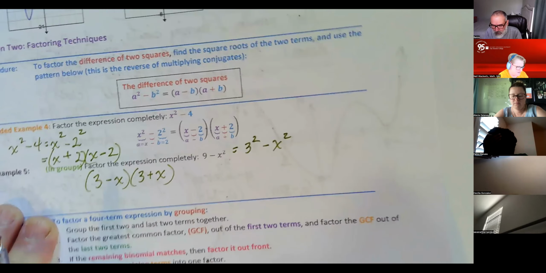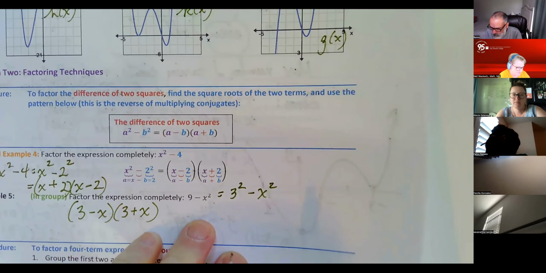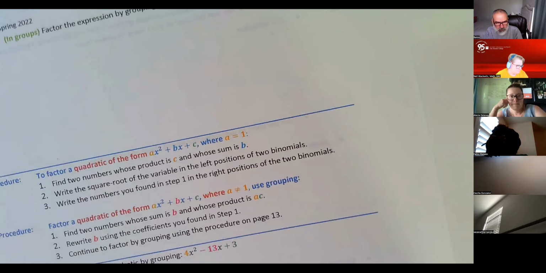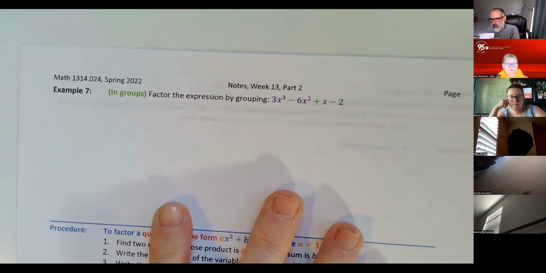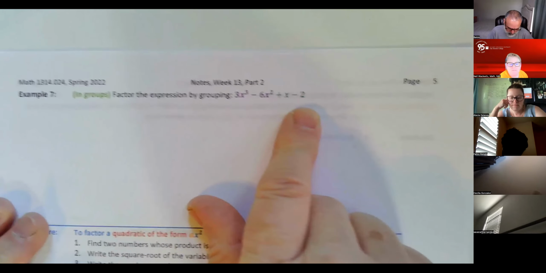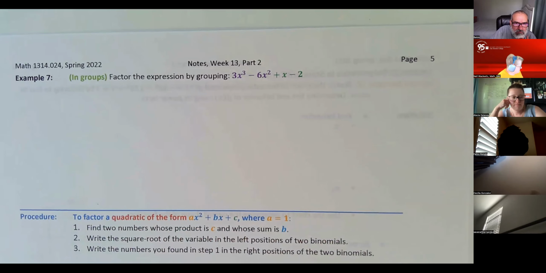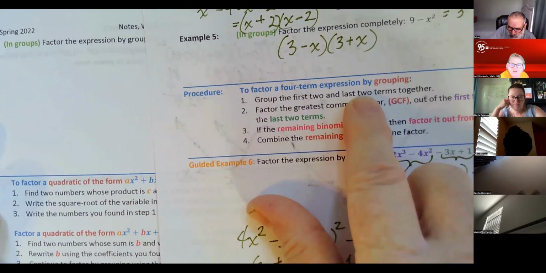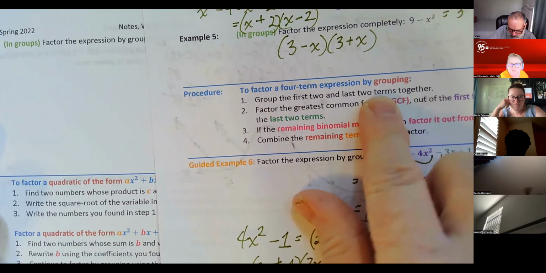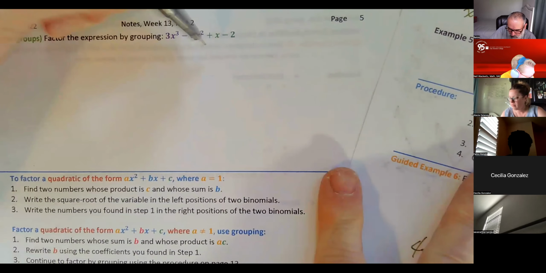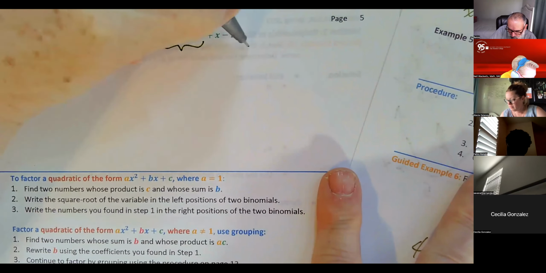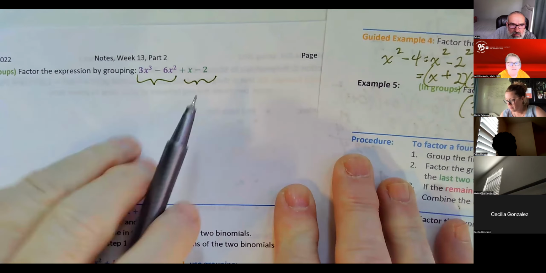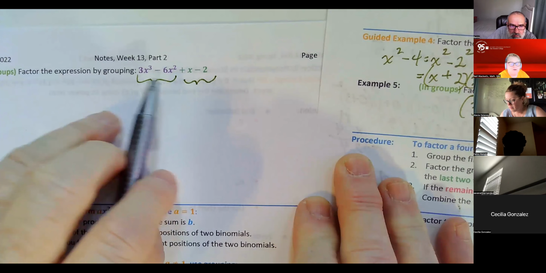Well, let's go through this next example together. We want to factor by grouping. Let's look at the steps. We want to group the first two terms and the last two terms together. Now we want to pull out anything common between the first two terms.